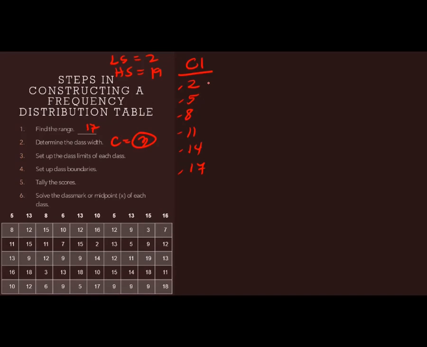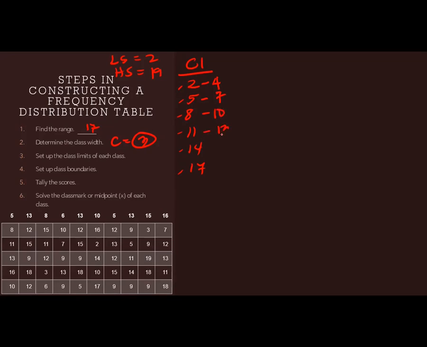Our upper limit is 2, 3, of course, we have 3 as our class width. So 2, 3, 4. 4 plus 3 is 7. 7 plus 3, we have 10.